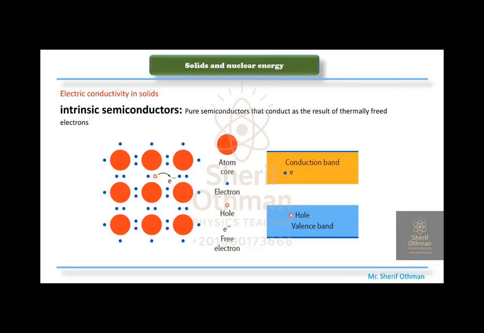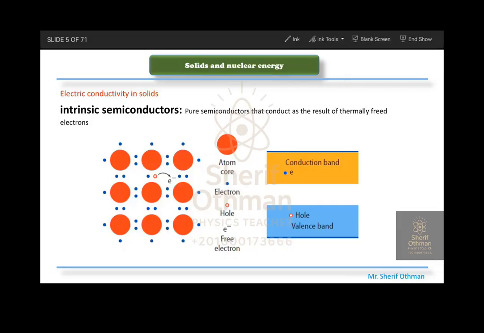Here, a semiconductor where each atom is surrounded by 4 electrons: 1, 2, 3, 4. And another one is surrounded by 4 electrons: 1, 2, 3, 4. And so on.